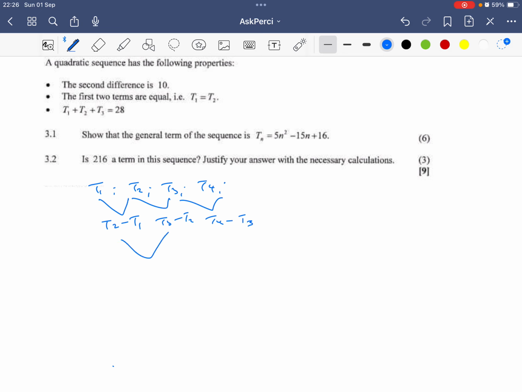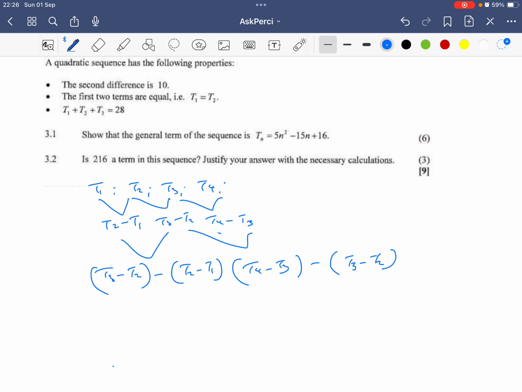And the second difference will be T3 minus T2 minus (T2 minus T1). And you do the same thing with this one, T4 minus T3.